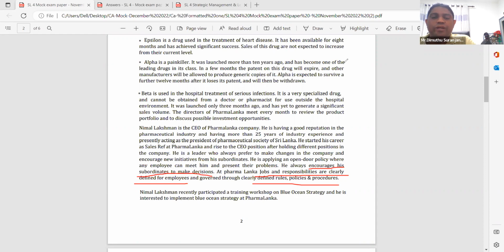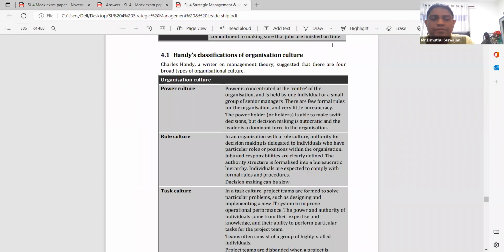Yes, one says role culture. We'll see what the features of role culture are. Look at the features of role culture. Authority for decision making is delegated to individuals who have a particular role and position in the organization.